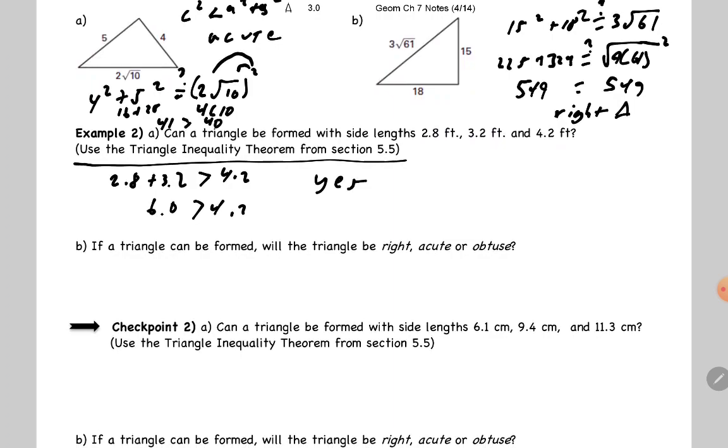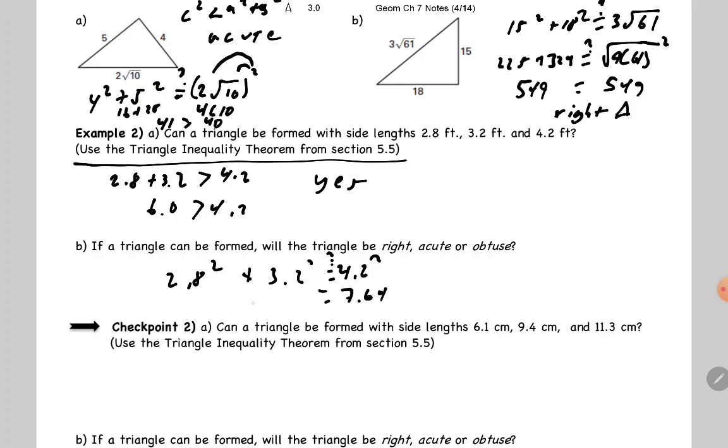So if the triangle can be formed, will the triangle be right, acute, or obtuse? This is when we do 2.8 squared plus 3.2 squared. Is that bigger than, less than, or equal to 4.2 squared? So you punch this into your calculator, and I'm going to get 17.64 on this side.